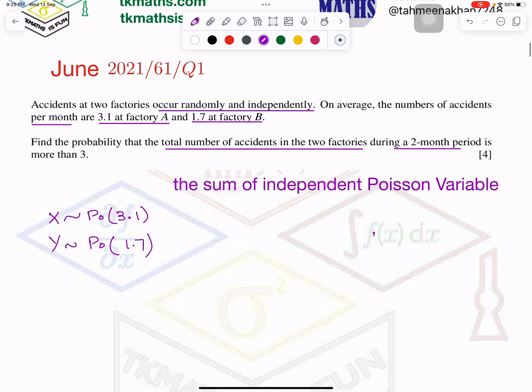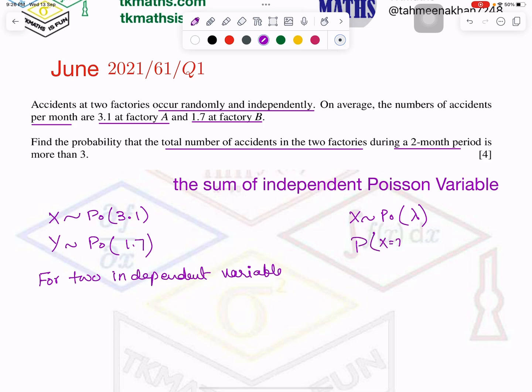Now the question is saying total number of accidents. When it is talking about the total number of accidents and we see that the variables are independent, for 2 independent variables, what will it become? We will add the lambdas. If you recall, for the Poisson distribution, this number here is representing lambda, and for the distribution, which you should know by heart, we use the formula e power minus lambda, lambda power x over x factorial.